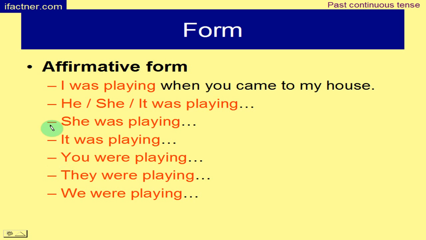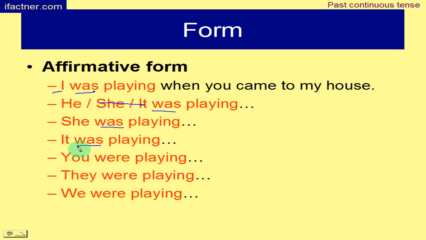Now let's see how we use was or were with different pronouns. The first example, which we have already discussed, is I was playing when you came to my house. He was playing. She was playing.